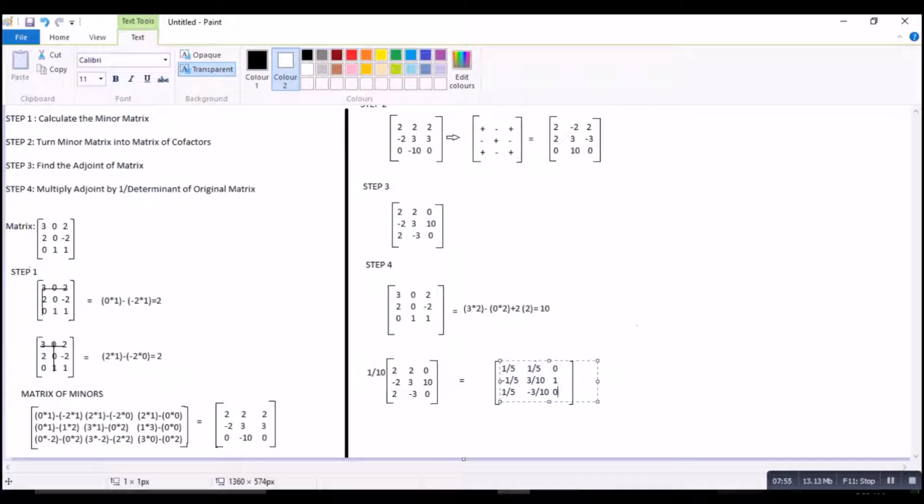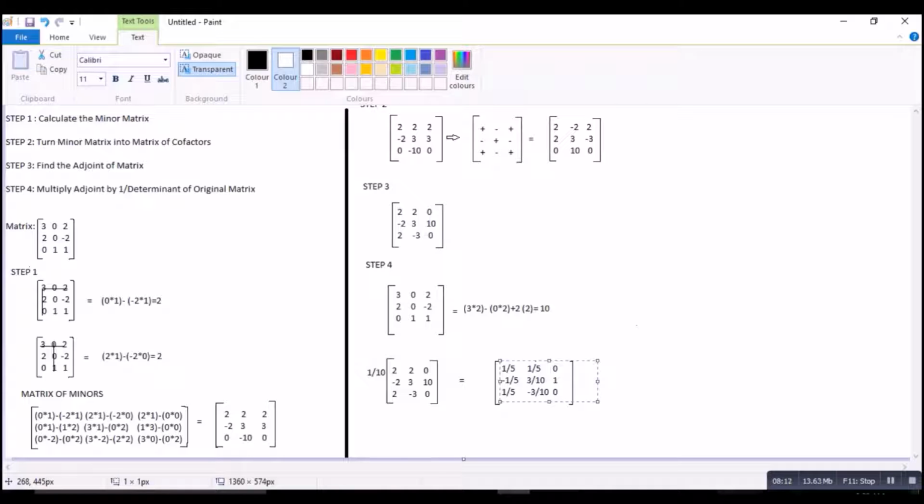Let's review all the 4 steps. The first step, the calculation of the minor matrix, includes cancellation of the row and column of the current position and determining the determinant of the remaining square matrix.